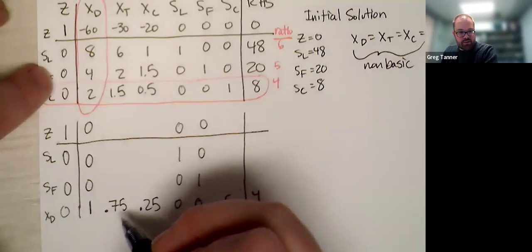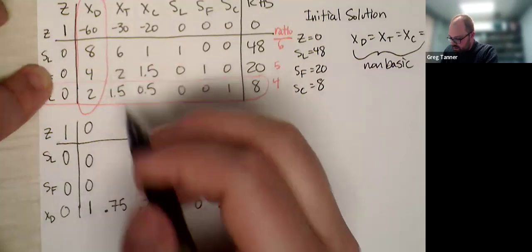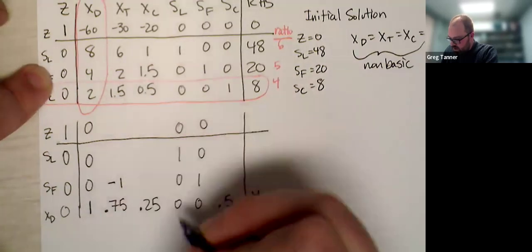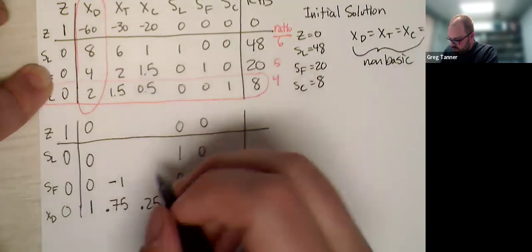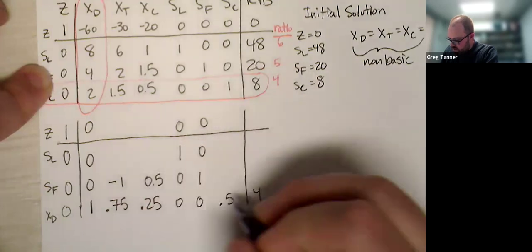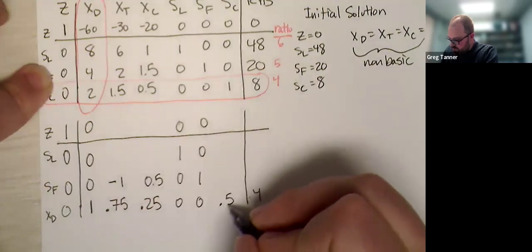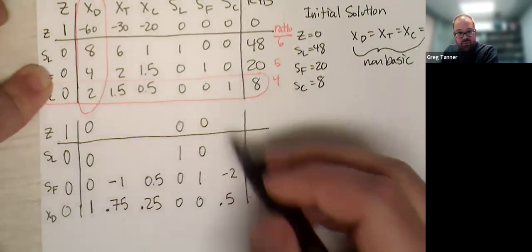-4, so this is 3 halves. -4 times that is going to be -3, plus the 2 is going to give us -1. -4 times this is going to be -1, plus the 0.5 or 1.5 is going to be 0.5. -4 times this is going to give us -2, plus the 0 is going to be -2.